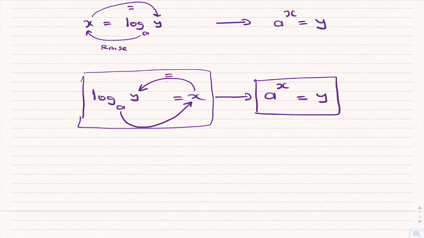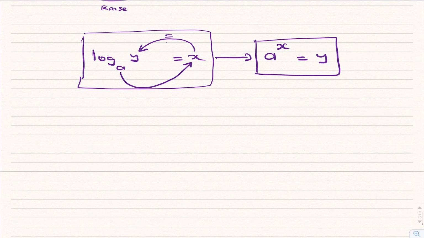If I want to get back to the log, if I have y equals a to the power of x, all I need to do is multiply both sides by log of base a, the base here.